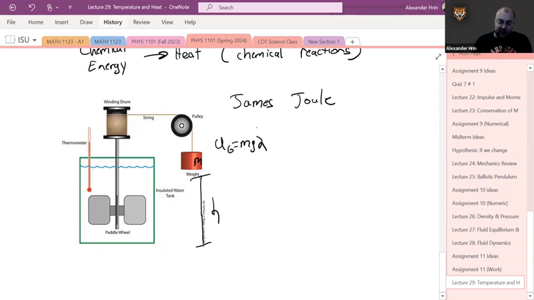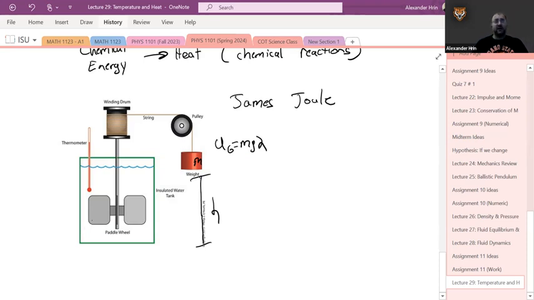If we were to drop this weight, it would pull on the string, it would pull on this drum and twist it. And basically what that would do is turn this paddle wheel inside the water, and it would impart kinetic energy to the water. James Joule's idea was that once that water more or less gets back to still, that kinetic energy will have been transferred to the internal energy of the water molecules.